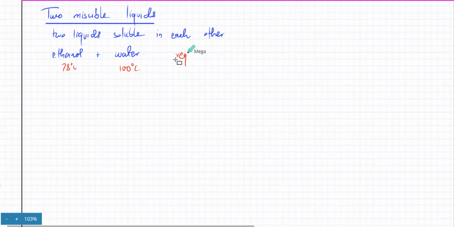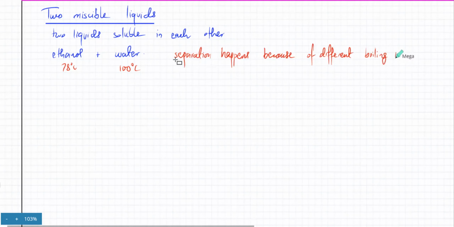Separation happens because of different boiling points.